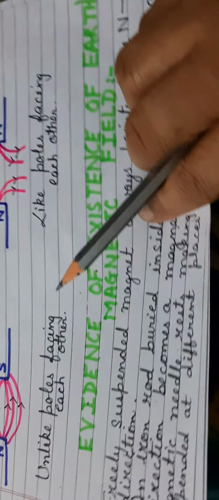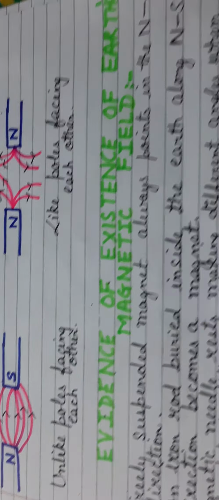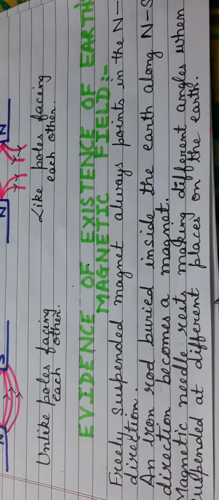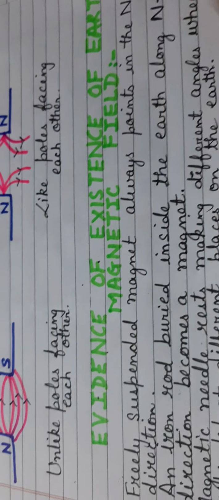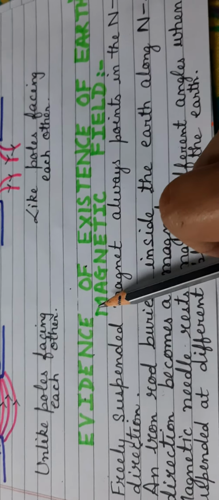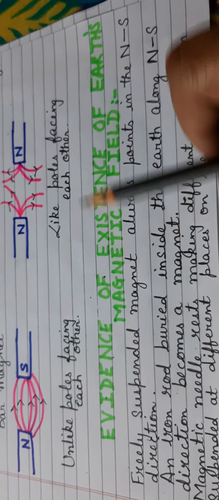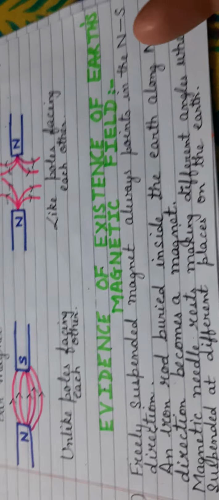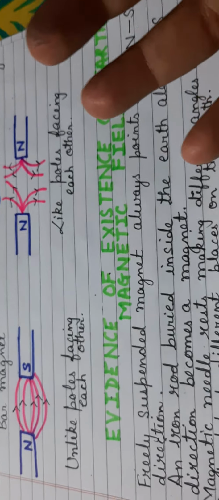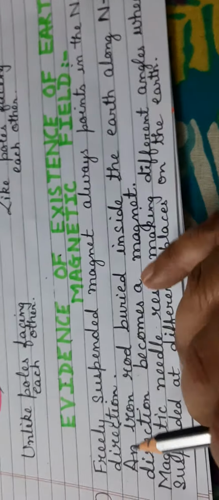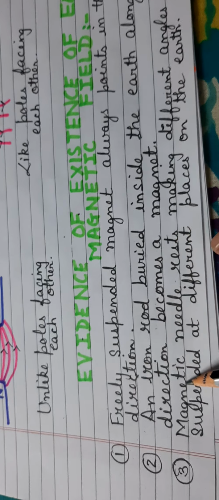Now we move on to the next topic, and that is, you remember, children, I have mentioned this before also, that our earth behaves like a huge magnet itself. And if anybody asks us for evidence as to how the earth behaves like a magnet, or has a magnetic field around itself, we can explain it with the help of these 3 facts.